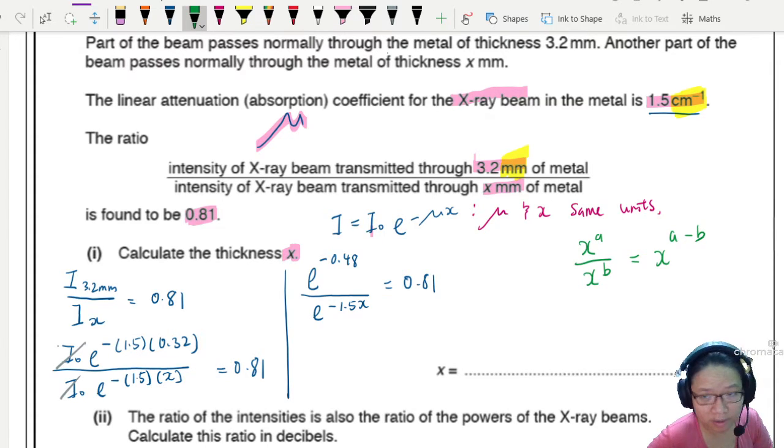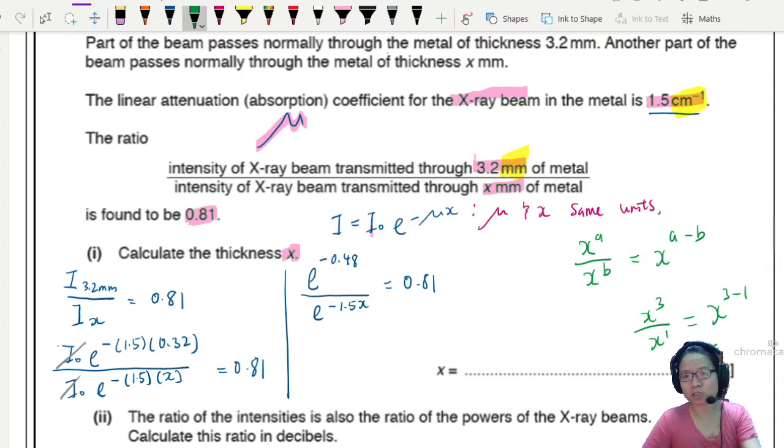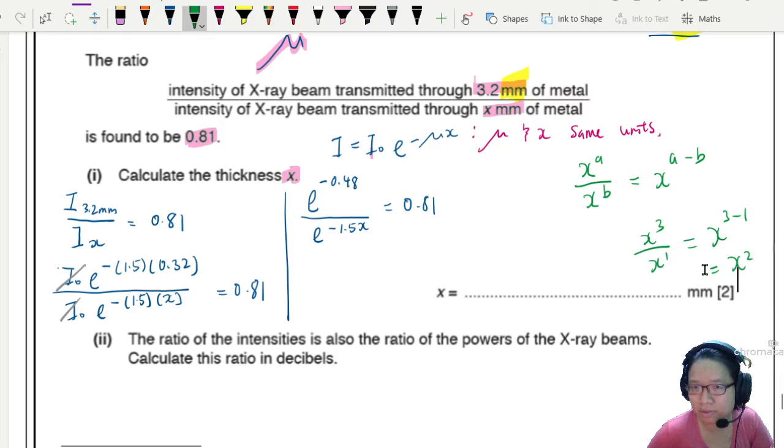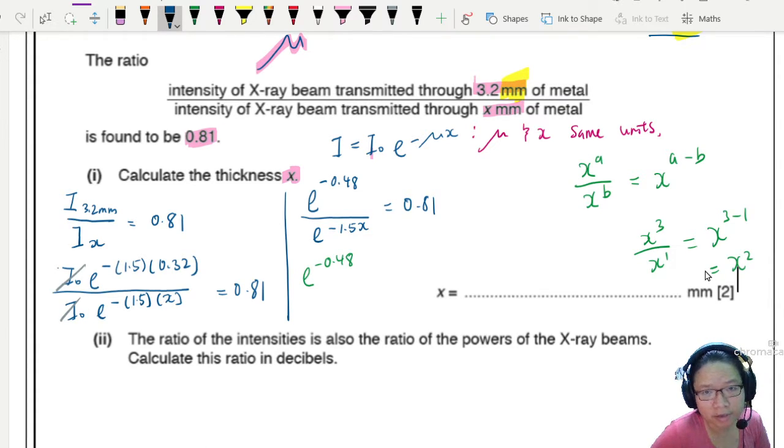Example, if you have x power 3 over x power 1, it will be x power 3 minus 1, which is x squared. So if you always forget your index laws, you can do this kind of thing to test. This one is to test, but if you don't need it, that's fine, you can go ahead and proceed. So right now, this will be e to the power of negative 0.48 minus bracket negative 1.5x, and this will be equal to 0.81.